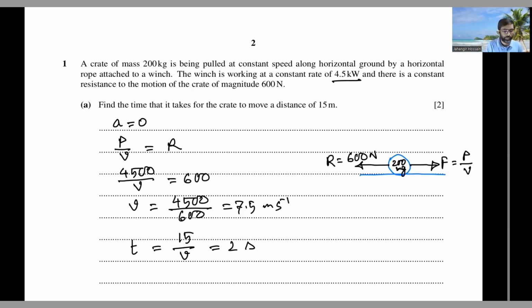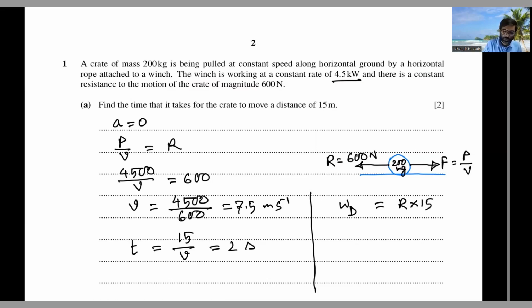Okay? You can do it alternately, like work done by the driving force, the winch, equal to work against resistance, R into the distance 15.